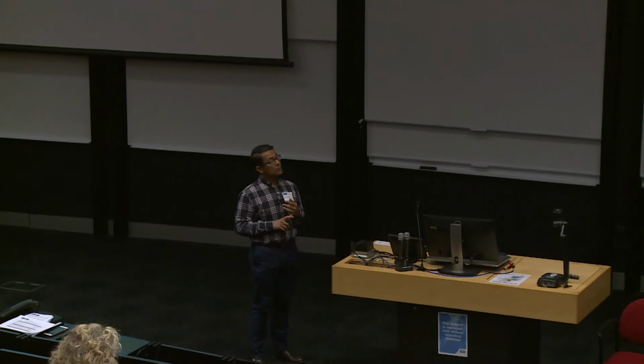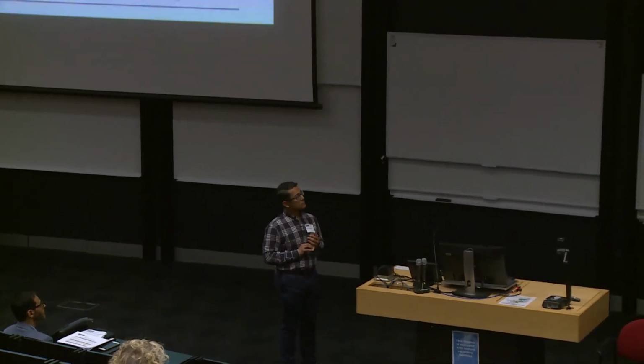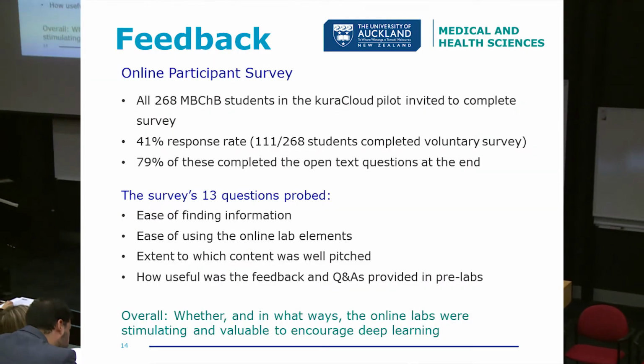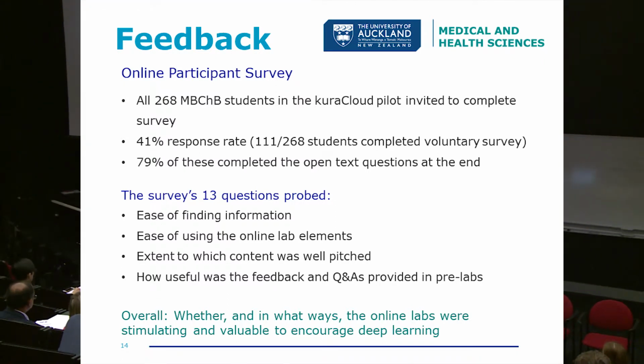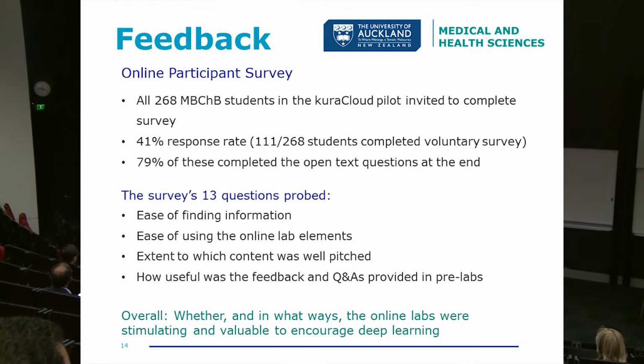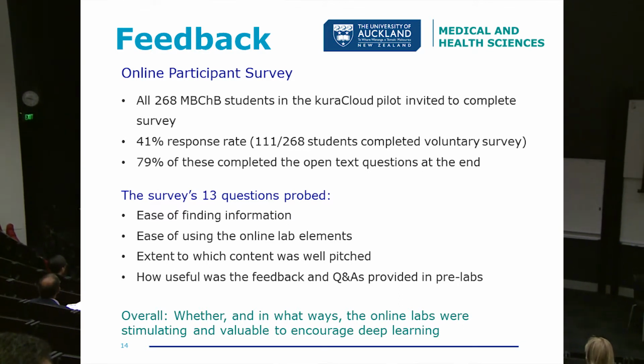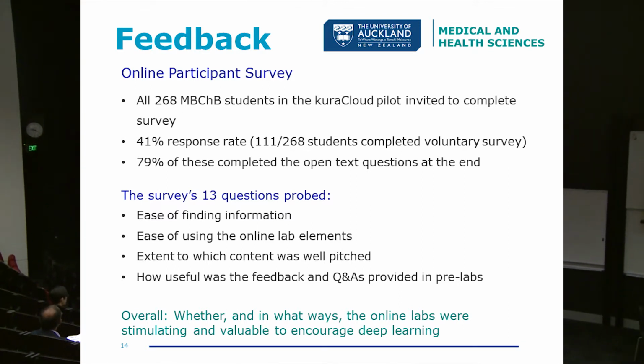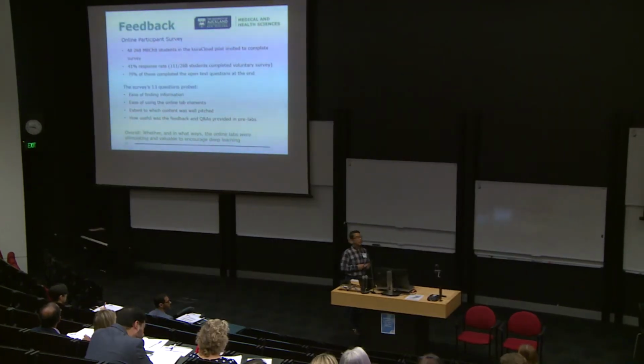The survey probed questions around finding information, online lab elements, how well it was pitched, and also how useful was the feedback, you know, self-check and that sort of ideas.